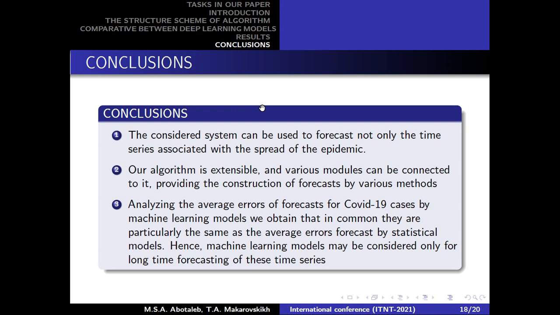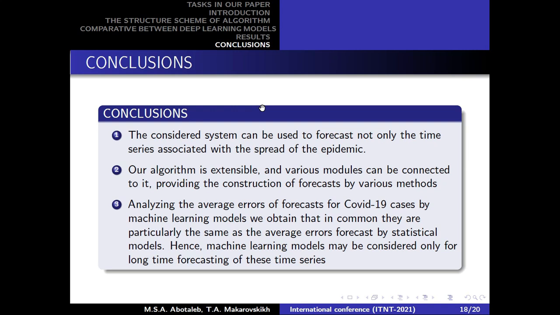Conclusion. The considered system can be used to forecast not only time series associated with the spread of infection cases. Also, our algorithm is extensible and various modules can be connected to it, providing the construction of forecasts by various methods. Number 3.